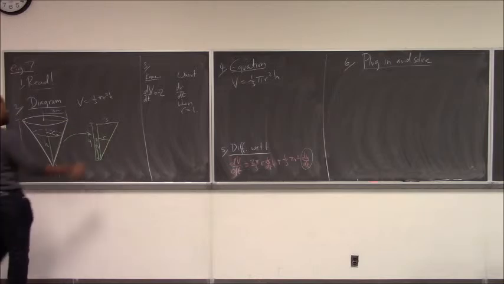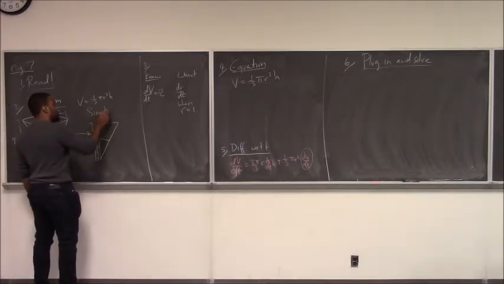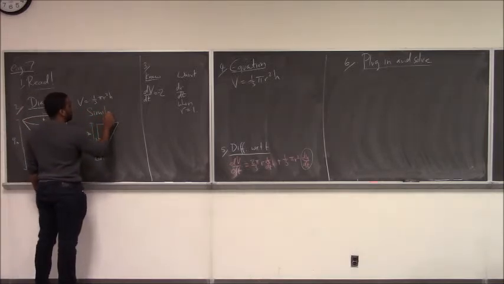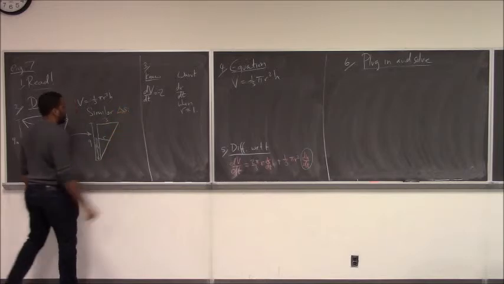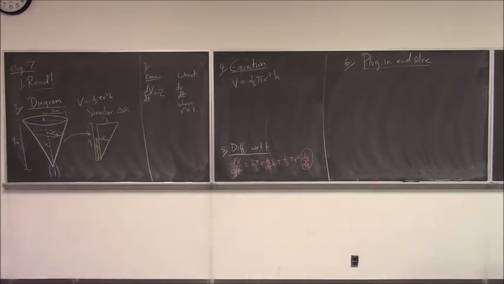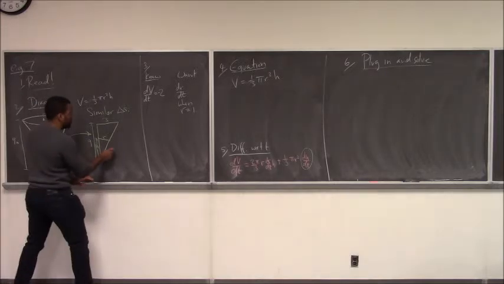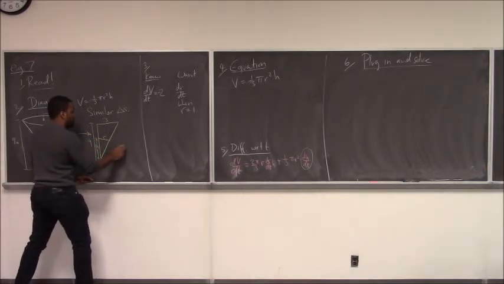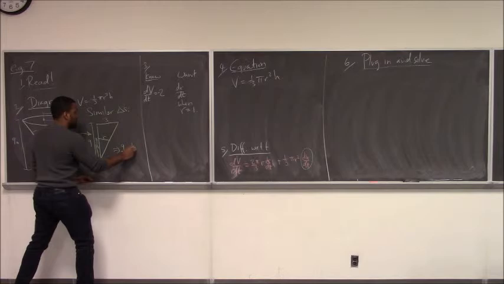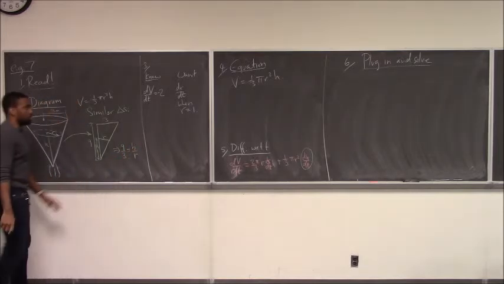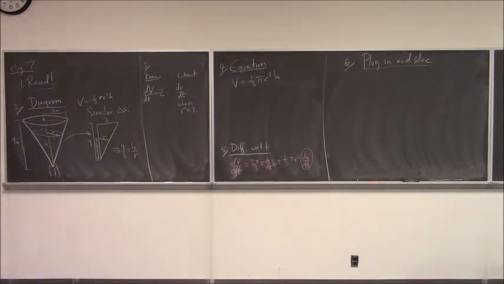Right, it's what we call similar triangles. They will be proportional. So that means the height over base of the big one is going to be the height over base of the small one. So 9 over 3 is going to be the same as h over r, because similar triangles means that the sides are proportional.